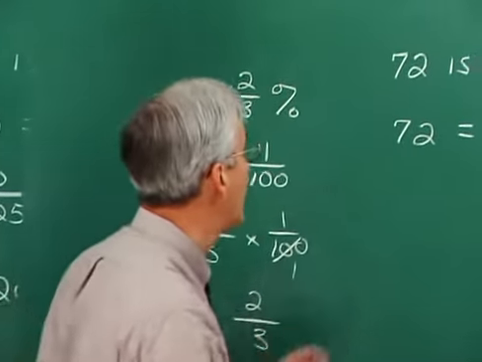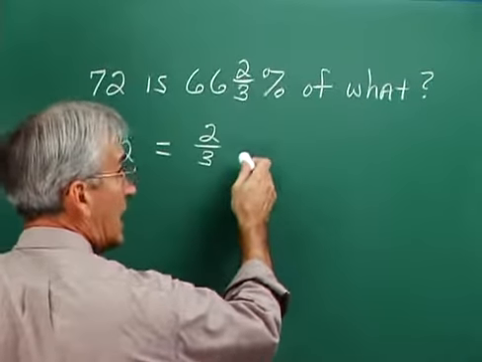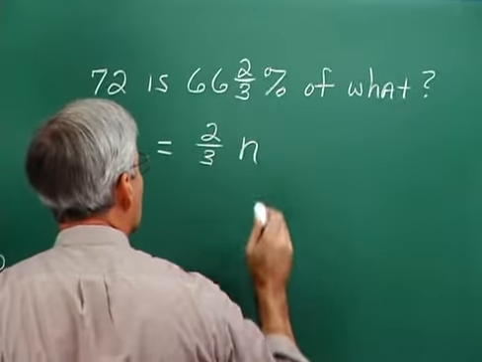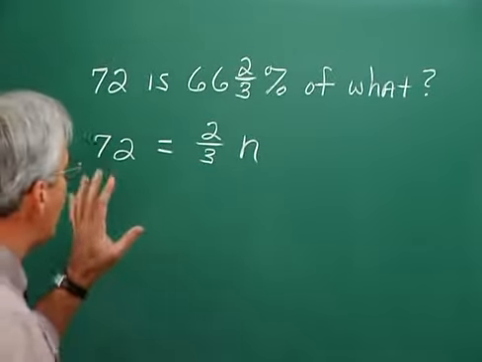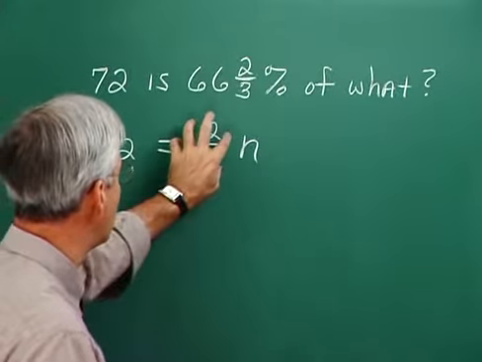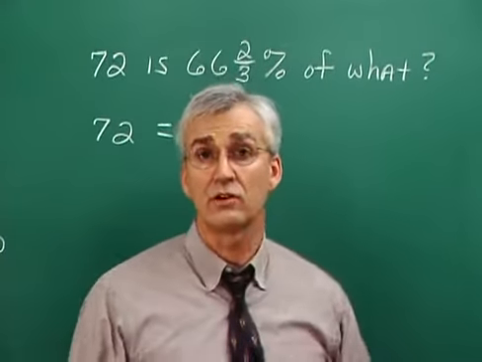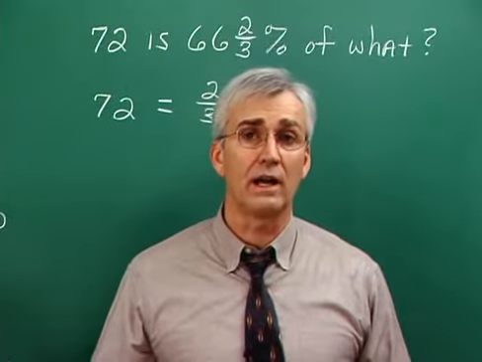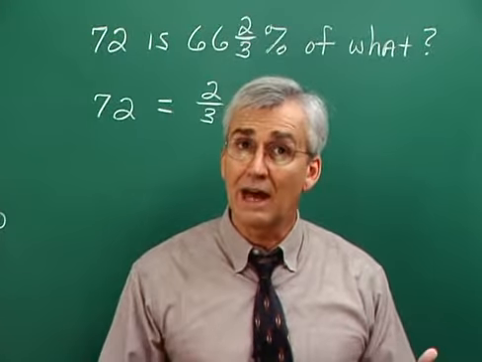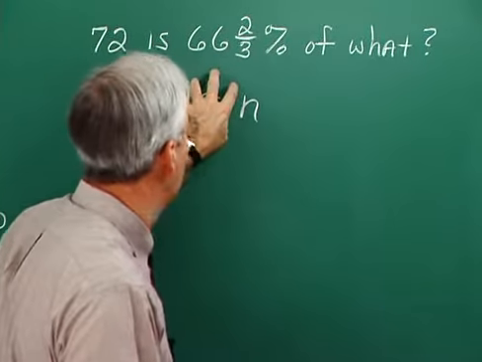Let's come back over here and pop that in. So we have 72 is 2/3 of, and of means times. What means what amount? So we'll let a letter stand in. Now there are actually several techniques that are possible to clear the 2/3 from the right side in this situation. But we can follow the technique that we are already accustomed to. That is, we can divide on both sides by the number. The number's a fraction here, but no matter.